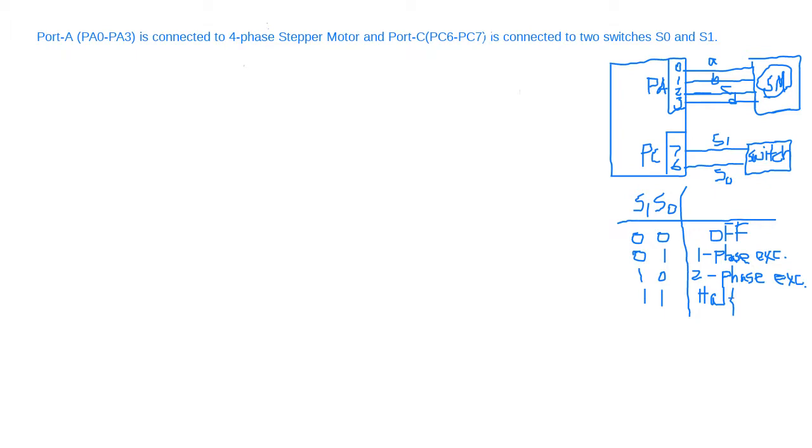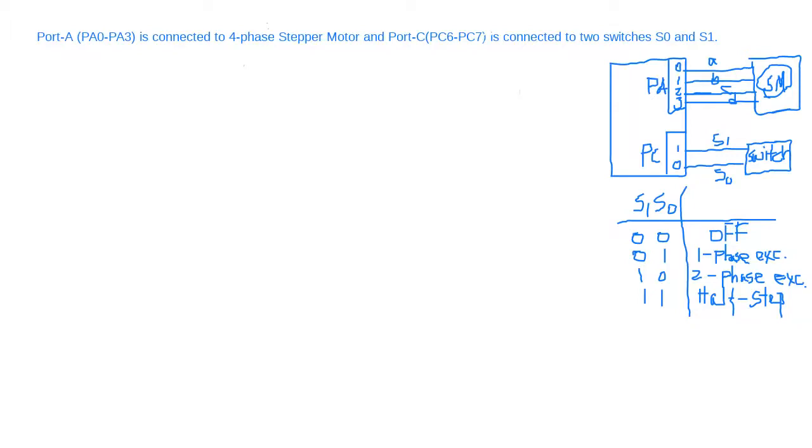So the switches are connected to port C. In the last class, we said it is port C, PC lower actually. So PC 1 and 0. Okay, so port C 0 pin.